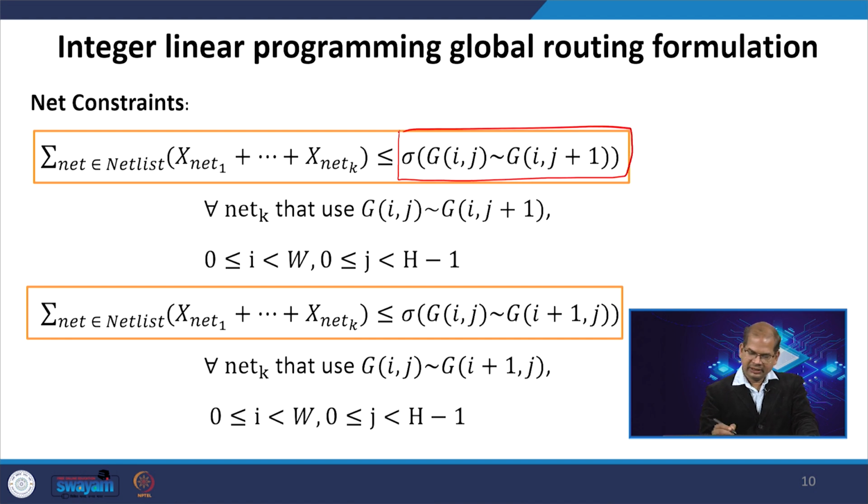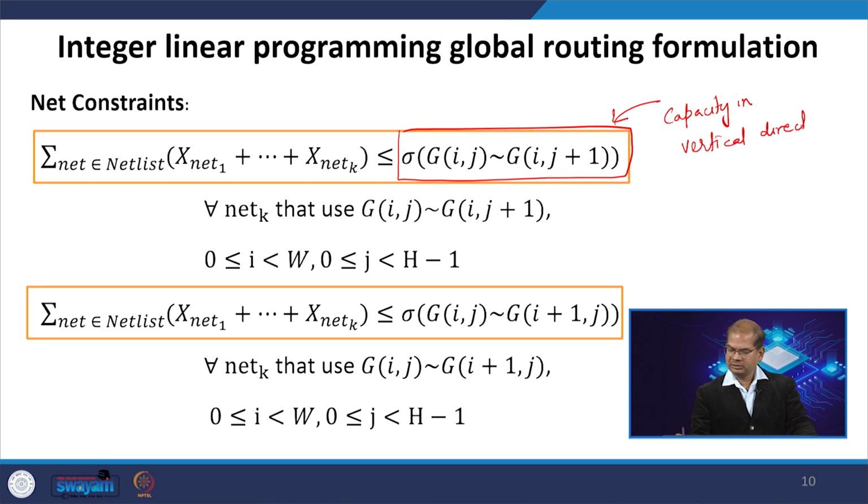It is basically saying the capacity. This is defining the capacity in the vertical direction, because here J is changing from J to J+1.